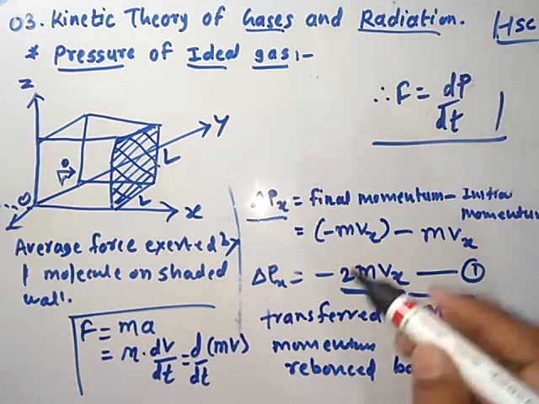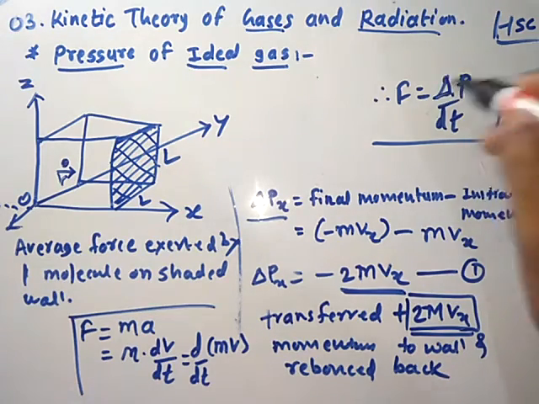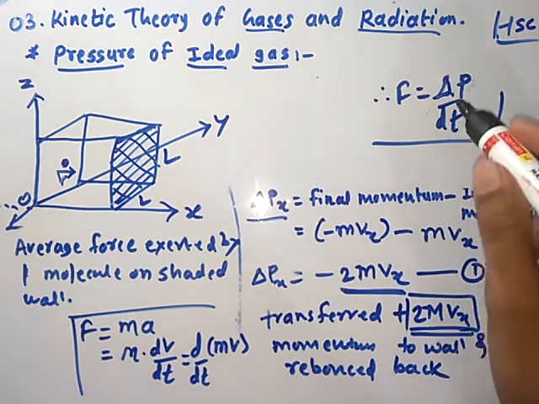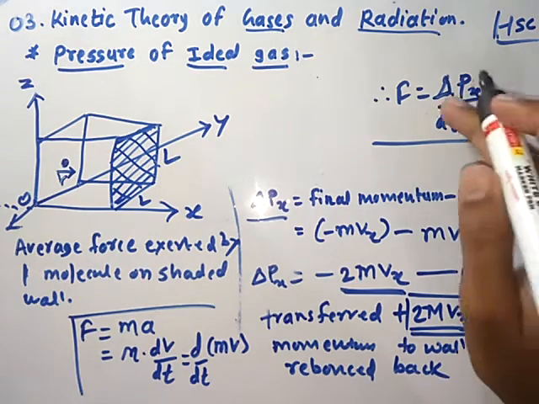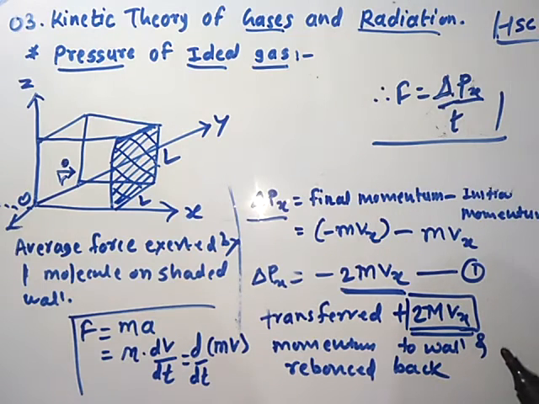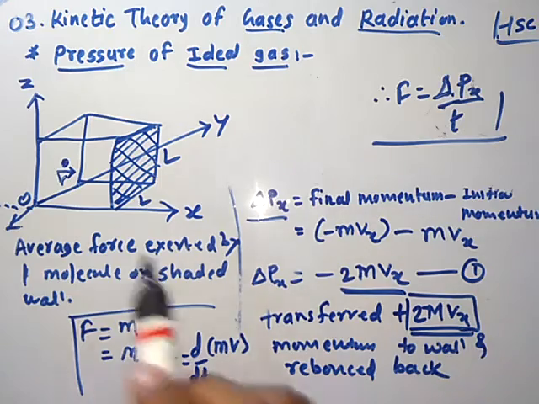So now here change in momentum is what? Delta p x, and here delta t is the time taken by the molecule in two collisions.